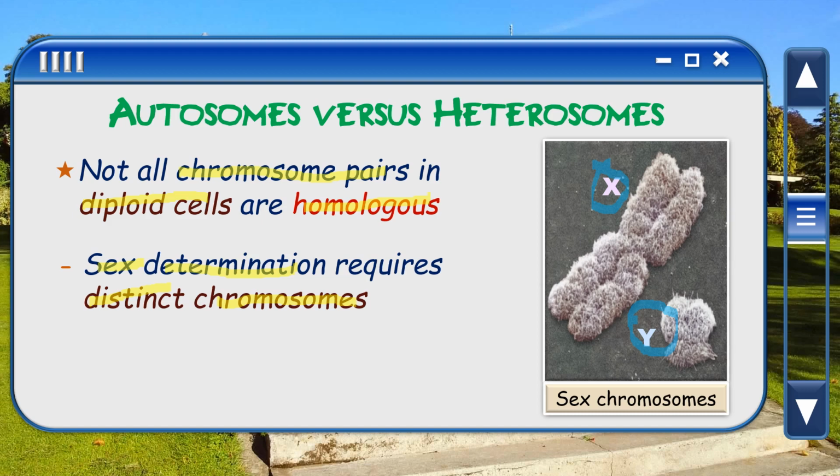That helps us understand that these are the ones we use when identifying sex. The Y chromosome is very different from the X chromosome. Though they are in a diploid cell and they are a pair, they are not homologous.